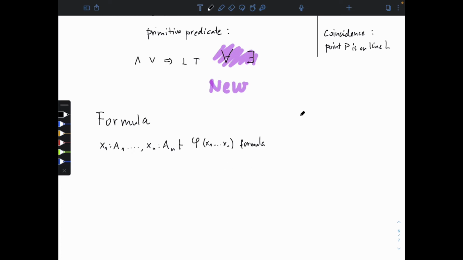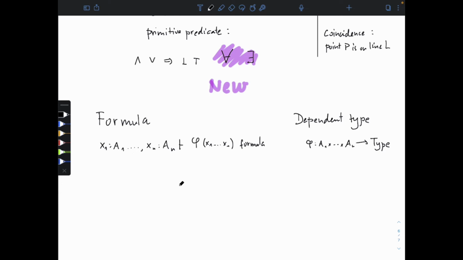So this will be a dependent type. You should be familiar with this because we've been doing this in Agda all along. It's going to be a type which depends on these A1 to AN. So it's going to be something like phi maps from A1 to AN to types, if I can write it this way.